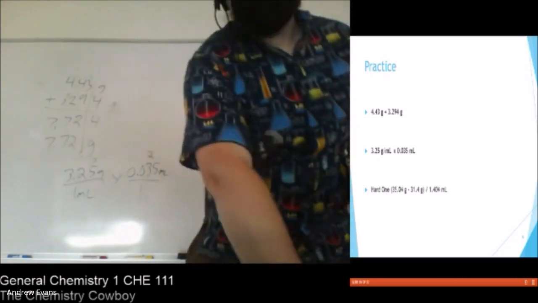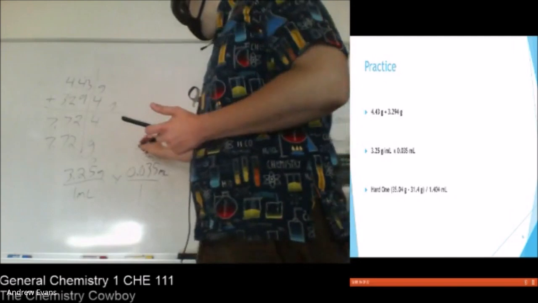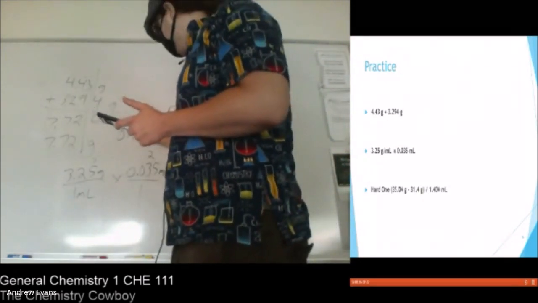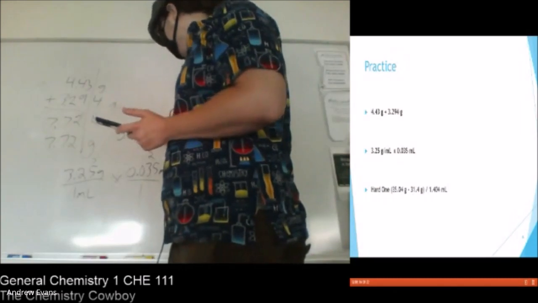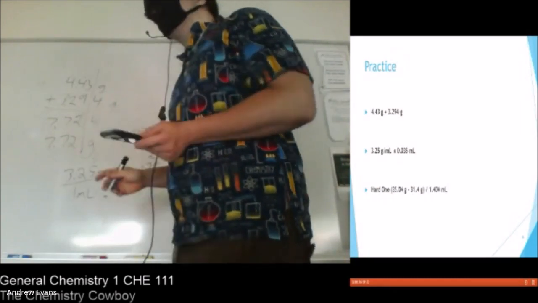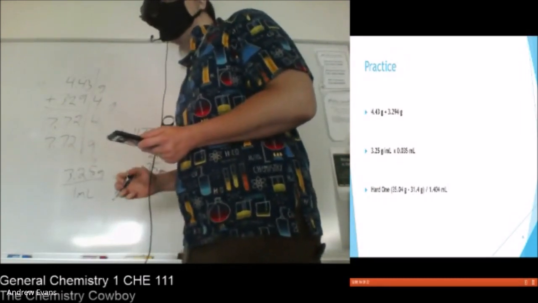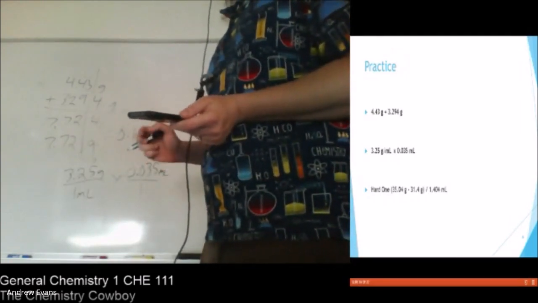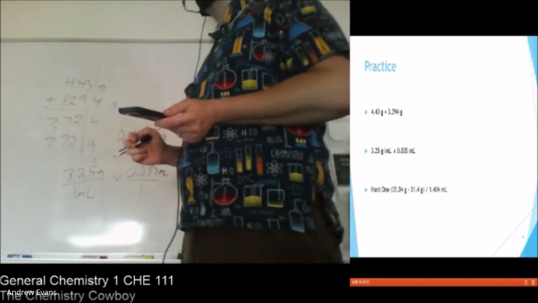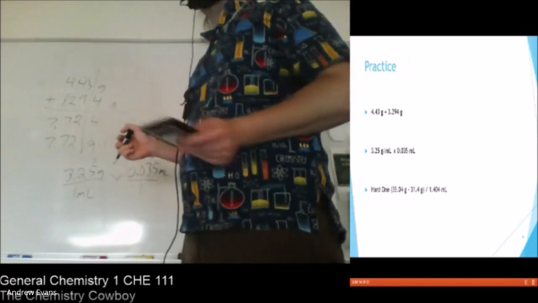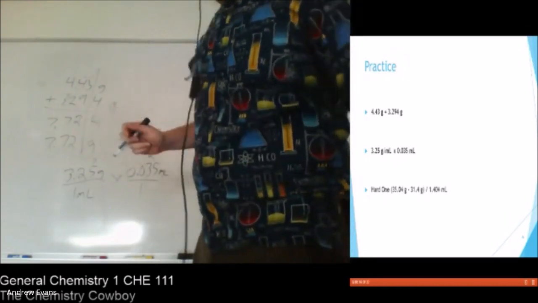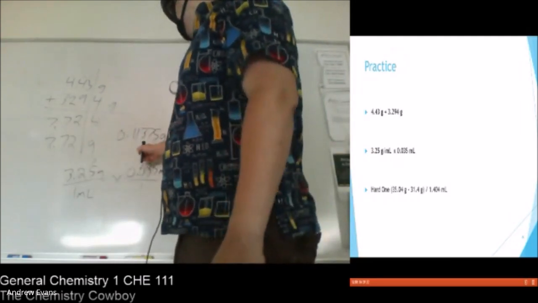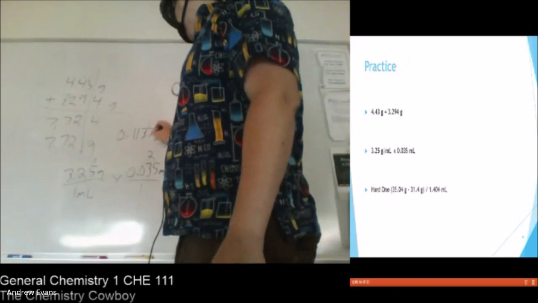But you do this, you get an answer that reads 0.11375 grams. Your calculator will spit the whole thing out. It doesn't know any better. It looks at pure numbers, not applied numbers. It doesn't understand what it means to be significant. So either way, these two are right out.